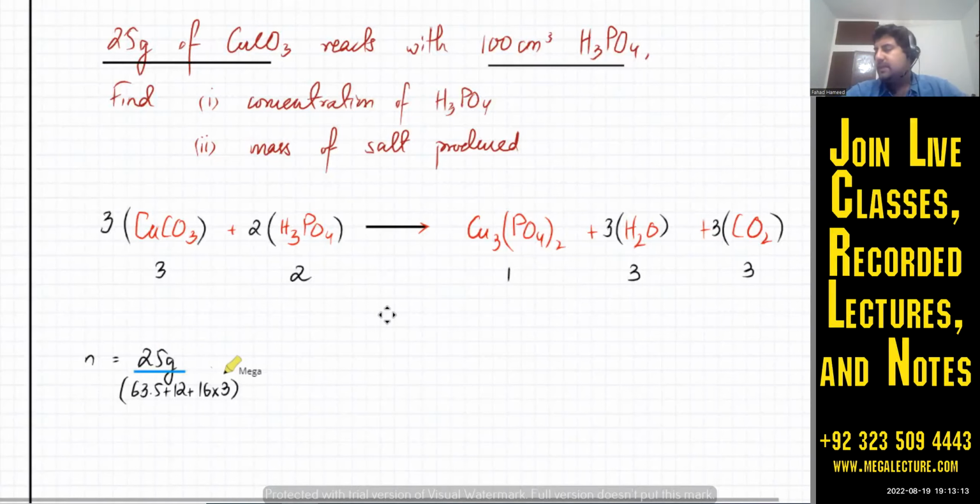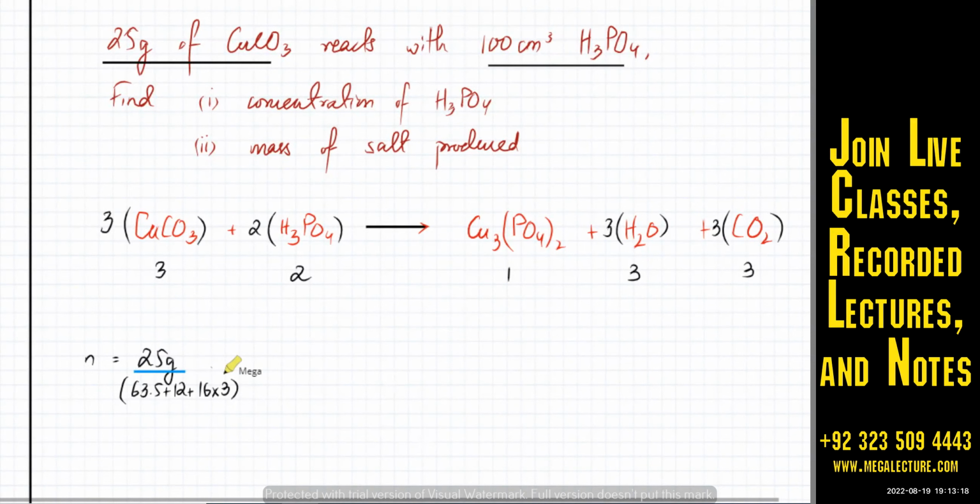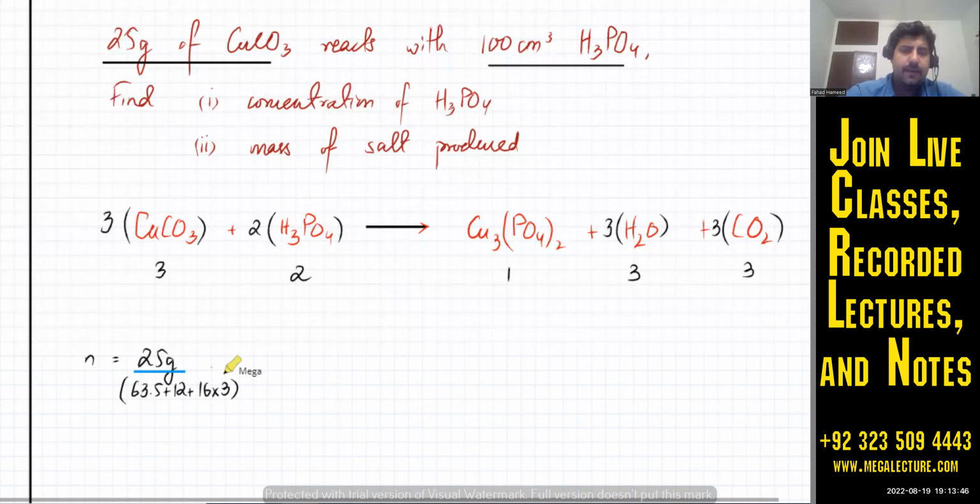Shoaib, calculator. Is it 0.145? कितना 0.145?